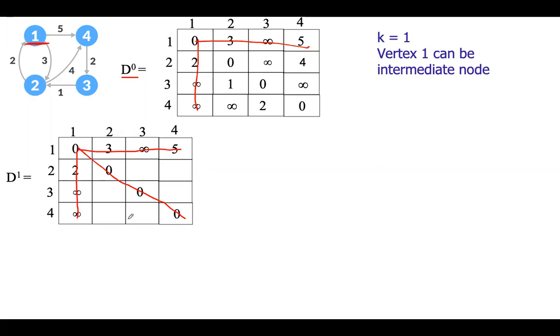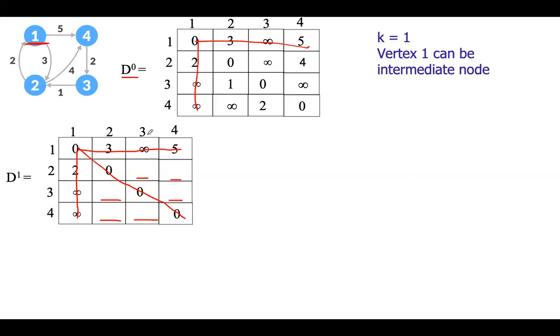We are worried about only the remaining values: 2 to 3, 2 to 4, then 3 to 2, 3 to 4, 4 to 2 and 4 to 3. These values I have to find out.